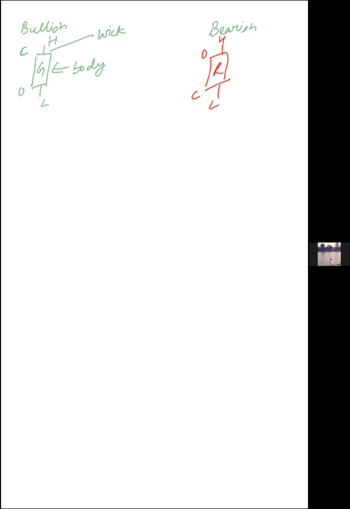Okay. Now there is a third type of candlestick. These are two types of candlesticks, but there are actually three types. The first one is bullish, the second one is bearish, and the third one is a doji.